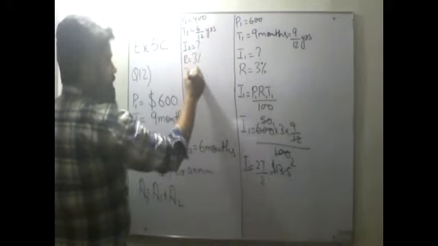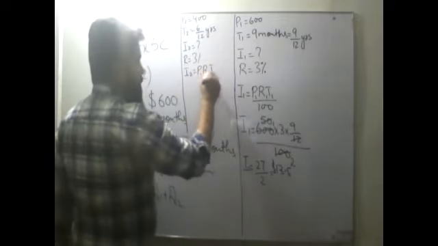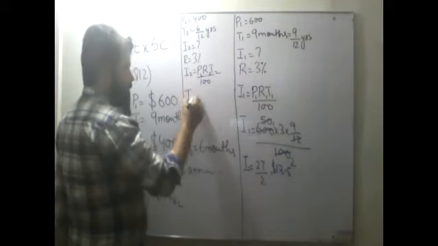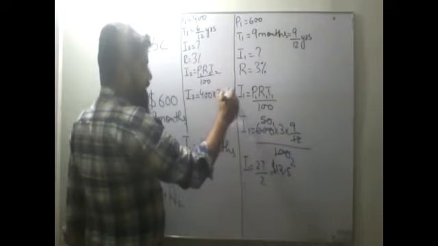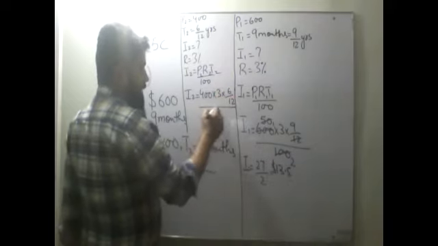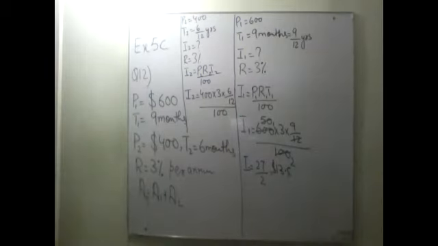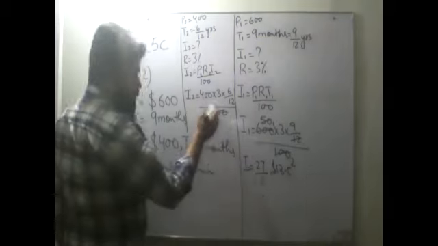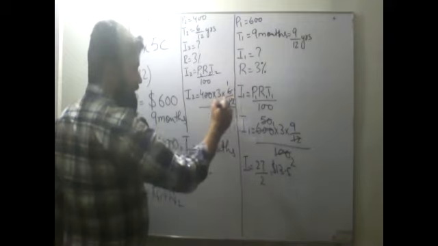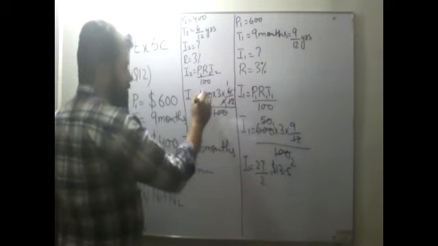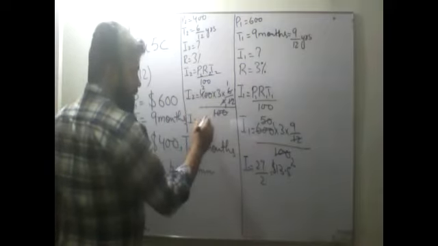Again, I2 equals PRT over 100. I2 equals P2, which is 400, multiplied by 3, multiplied by 6 over 12, divided by 100. These two zeros will cancel these ones. 6 ones are 6, 6 twos are 12, 2 ones are 2, 2 twos are 4. So the value of I2 is coming 2 threes are $6.